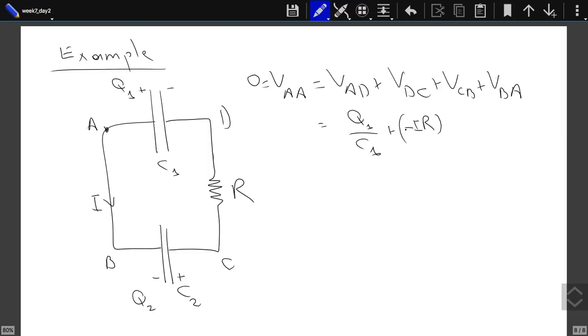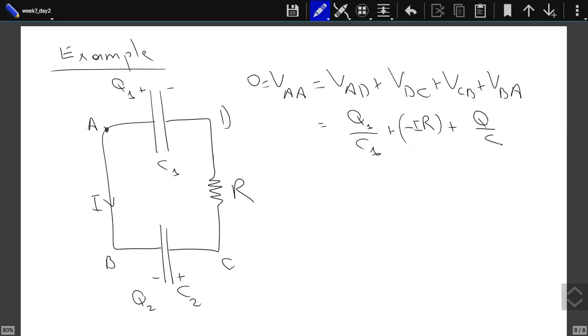From C to B, what is the potential drop? The potential difference is always Q over C across a capacitor. Is it positive or negative? The potential drop is positive. I go from the positive plate to the negative plate, so if Q2 is positive, there is a potential drop.